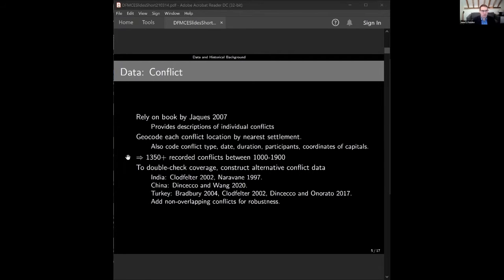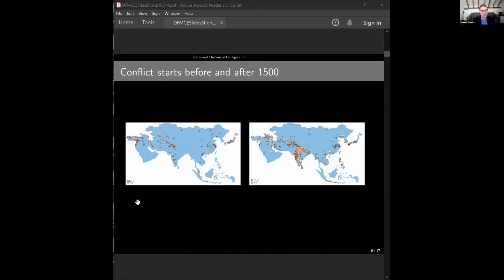And then because this might not be a complete source, we're going to go to other sources that my co-author has collected for a number of other projects, and we'll be able to, for robustness, we don't want to mess with this in the baseline, add non-overlapping conflicts from these other sources. And so you can see both where conflicts happen before and after 1500 in our data.